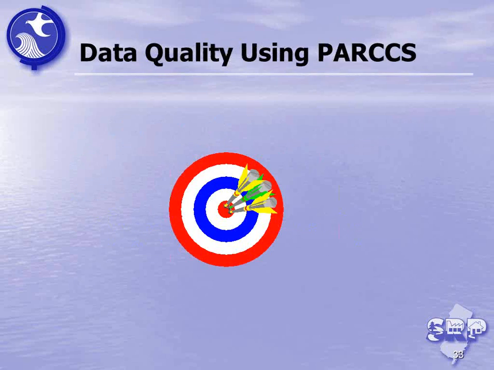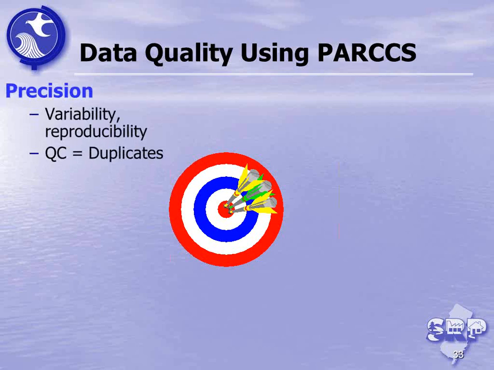So my favorite topic, the PARCCS parameters, and you're going to hear a lot about this throughout our talks. Okay, precision, the first parameter, is really the scatter or the variability of multiple results. It's not just duplicates, it can be any kind of replicates. We measure precision usually through duplicates and matrix spike duplicates, or even if you're doing calibrations, it can be the percent RSD, the relative standard deviation across a calibration curve.